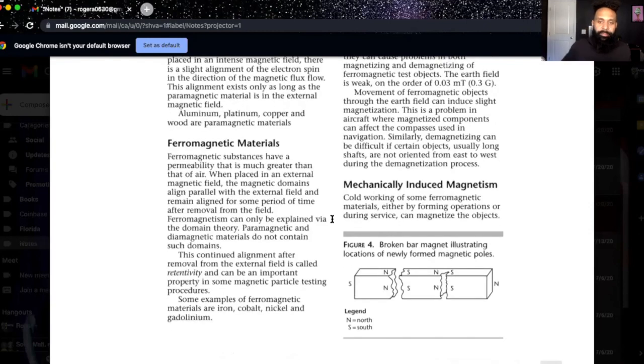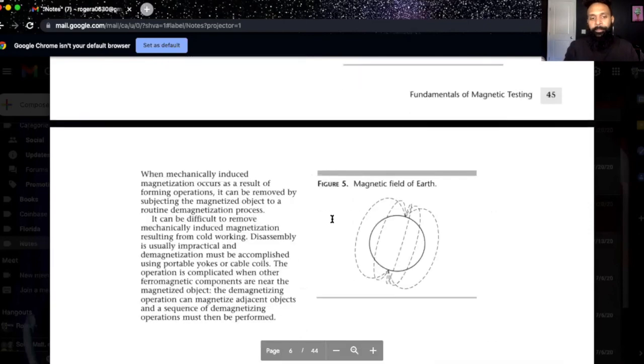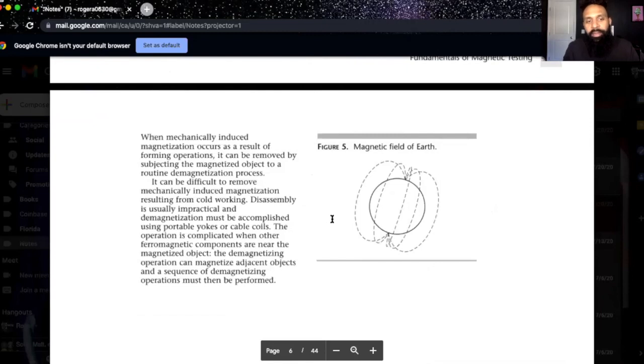Mechanically induced magnetism. Cold working of some ferromagnetic materials, either by forming operations or during service, can magnetize objects. When mechanically induced magnetization occurs as a result of forming operations, it can be removed by subjecting the magnetized objects to a routine demagnetization process. It can be difficult to remove mechanically induced magnetization resulting from cold working.